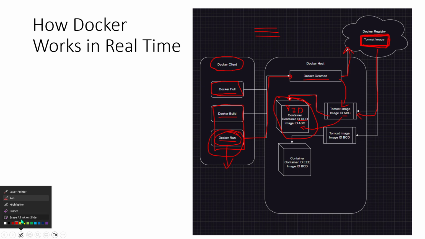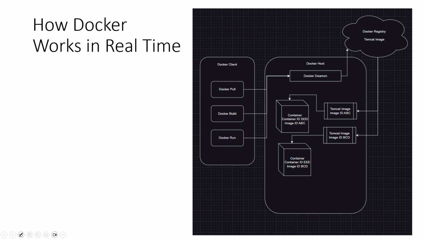The second concept which we have seen is building your own image for a customized version of HTTP. In that situation, you need to run docker build. First, you need to specify what kind of build you need. You have to open a file called Dockerfile, capital D Dockerfile.